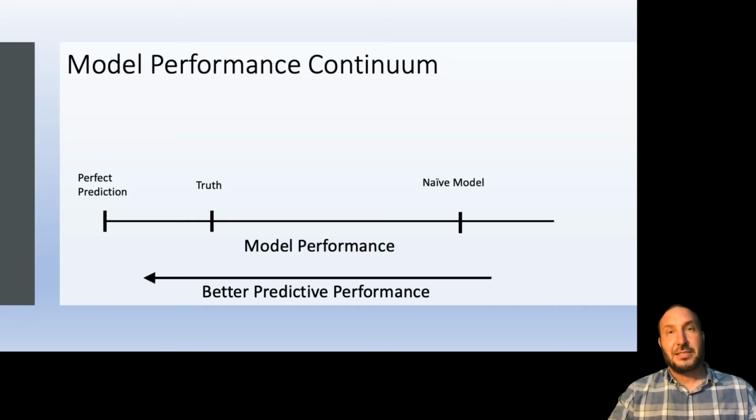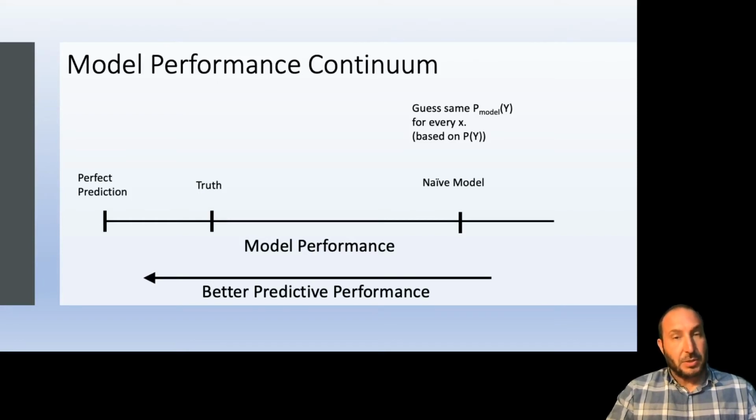On the other side of the axis, we have what's called the naive model. And the naive model means we're going to guess the same thing for every x, but we're going to have access to the probability distribution on y in order to answer that question. So imagine a situation where you're given a lot of training data on, say, loan defaults, and you find that in this population, 10% of the people defaulted on their loan, and now you're asked to make a prediction on a new person, but you're not told anything about the person.